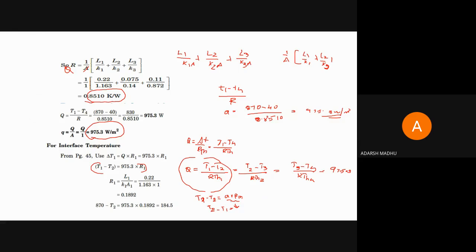Some value we'll get, right? So we can directly find the value of T2, which is given as 685.5 degrees Celsius.